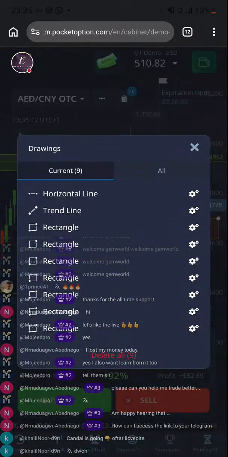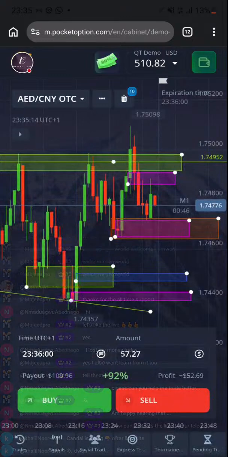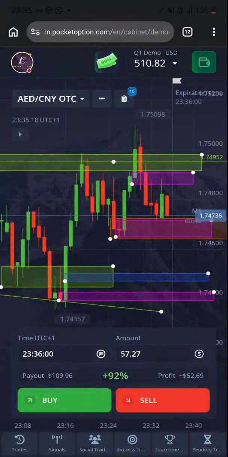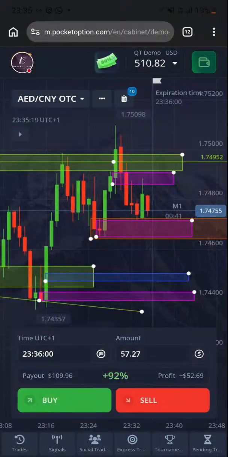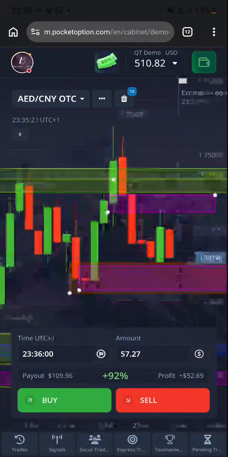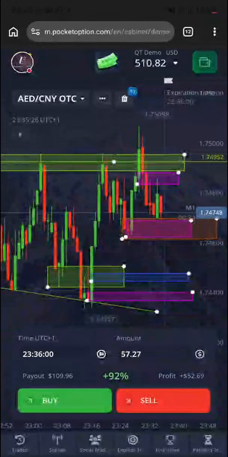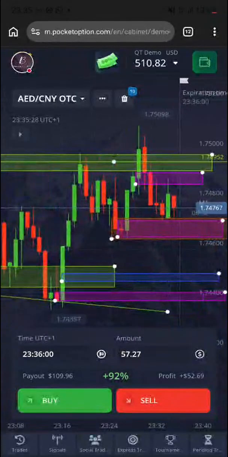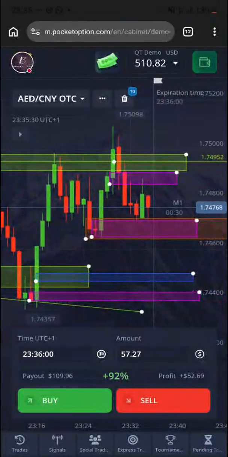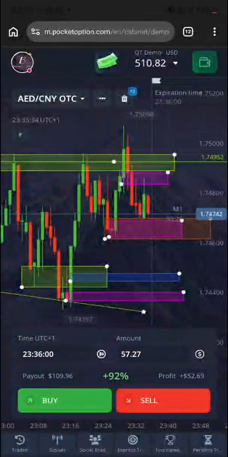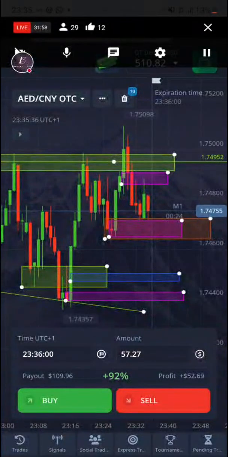Yes, it's probably going to go down eventually because we have a double top here. But right now there's a demand area here, and the demand area is also an order block. That's the reason why I took this trade. I expected a push to the upside, and that's what's happening.